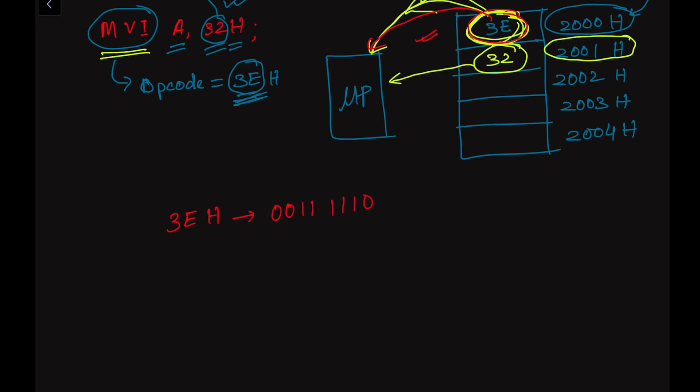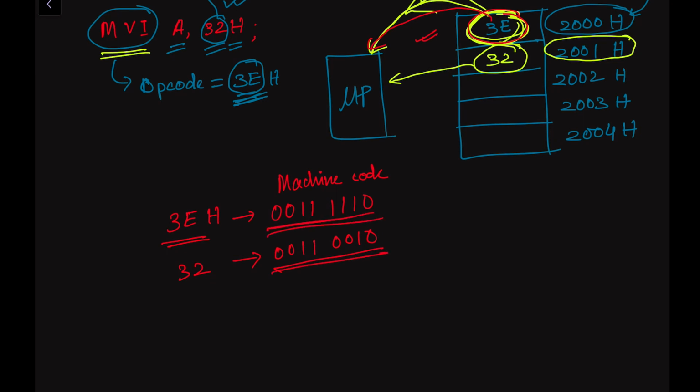This is E. This is the binary representation, or the machine code. Now we have the data, 32. So 3 is again 0011 and 2 means 0010. This one is the data.